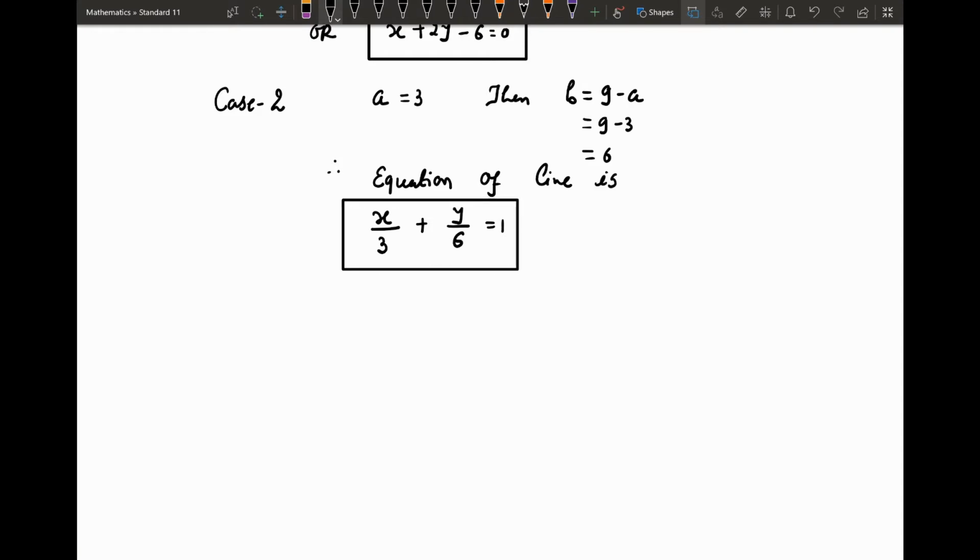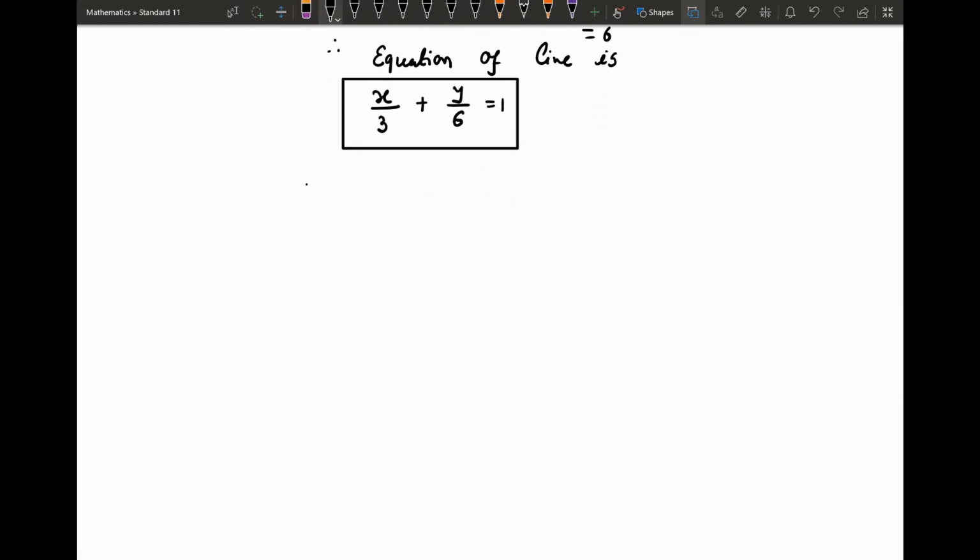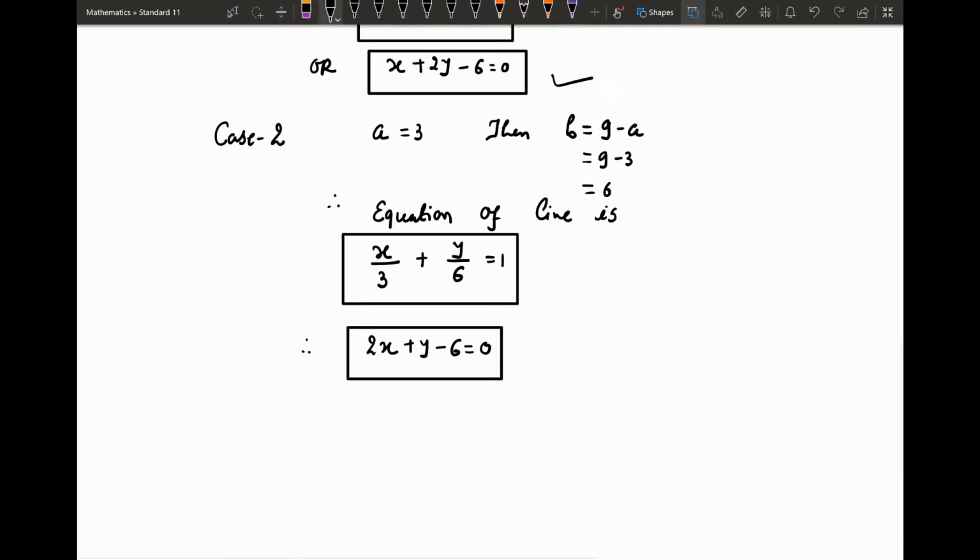Now we can simplify by taking LCM. Therefore, 2x plus y minus 6 equal to 0. So these are the two required equations.